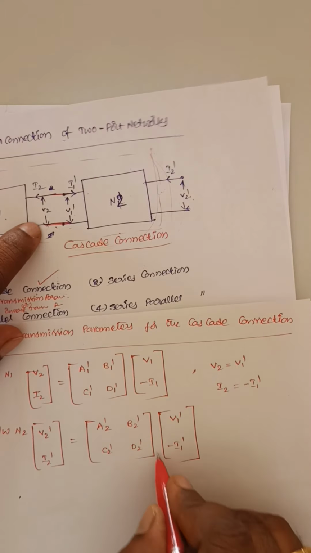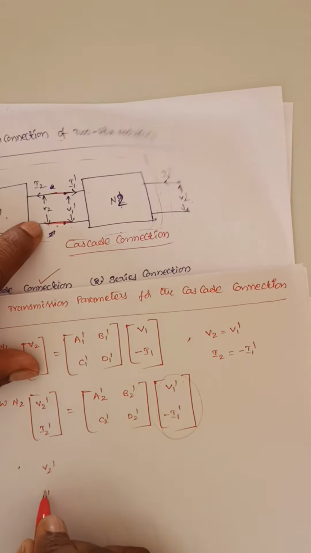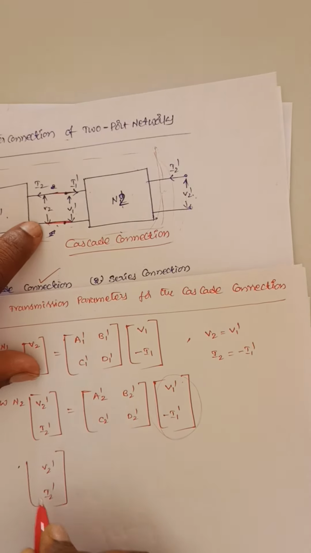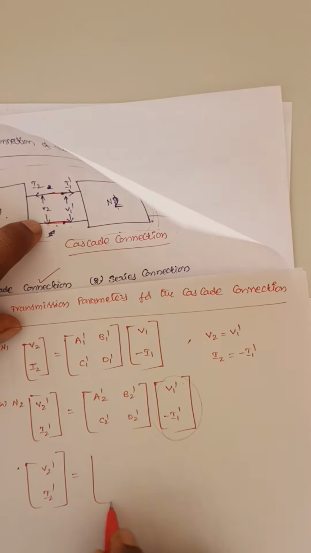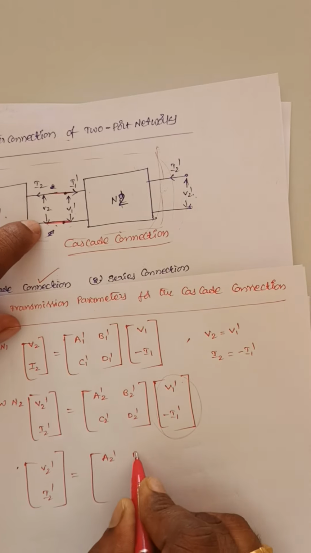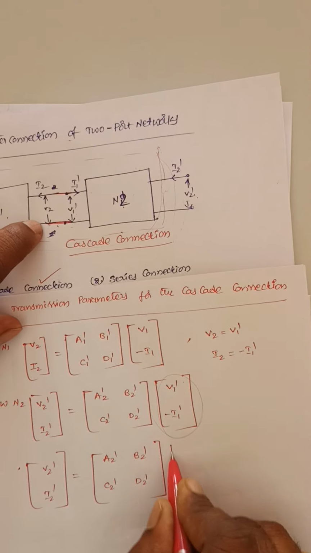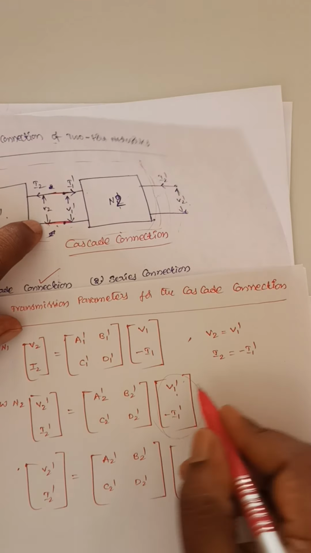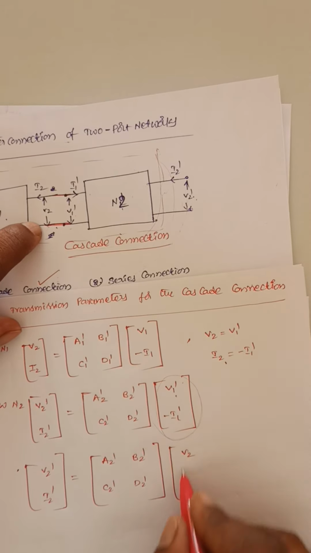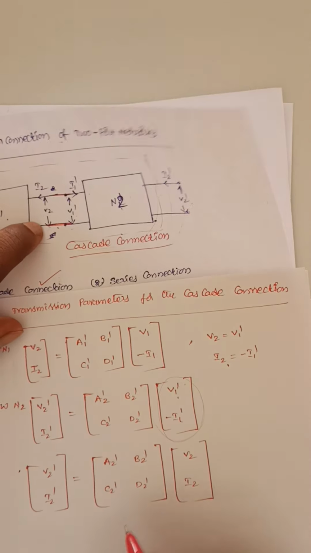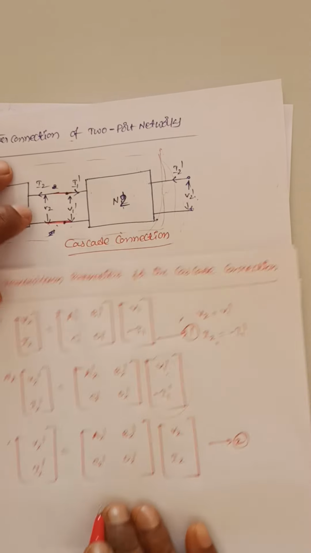You just substitute this: V2 dash, I2 dash from network N2 is equal to A2 dash, B2 dash, C2 dash, D2 dash. Instead of writing V1 dash, you write V2 here. Instead of writing minus I1 dash, you write I2 here. Let us assume this is equation number 1, and this is equation number 2.